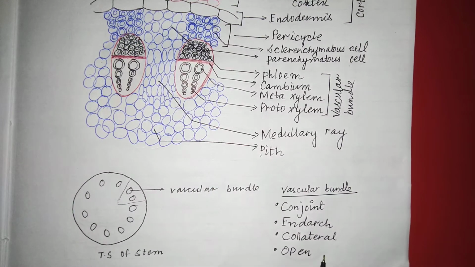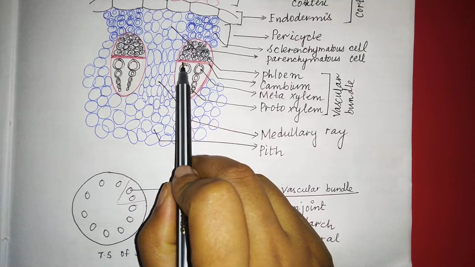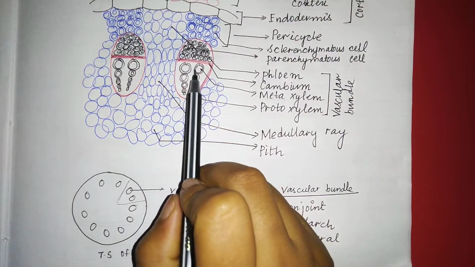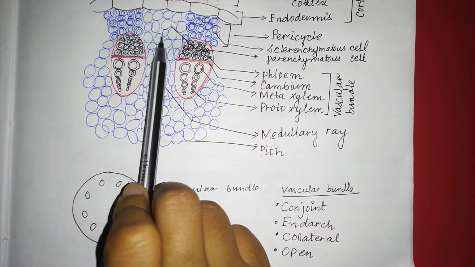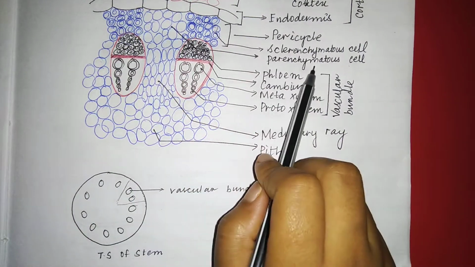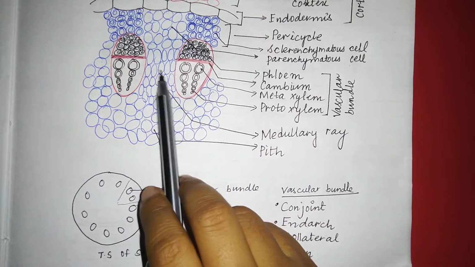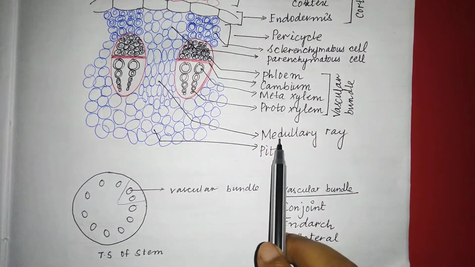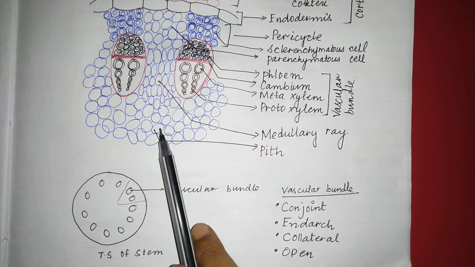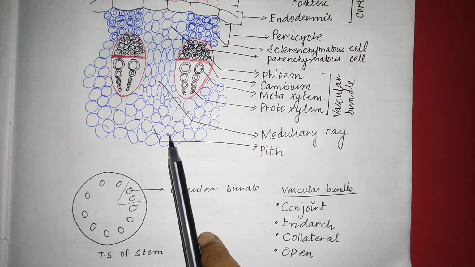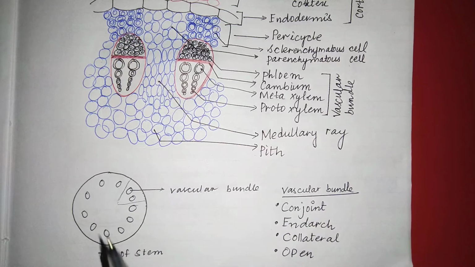An open vascular bundle means the cambium is present between the xylem and phloem. Thus, pericycle parenchymatous cells squeezed between the two vascular bundles are known as the medullary ray. And in dicot stem, pith is present.